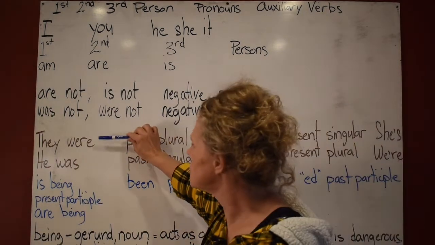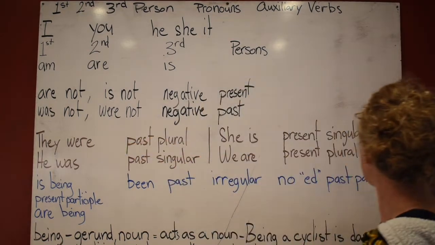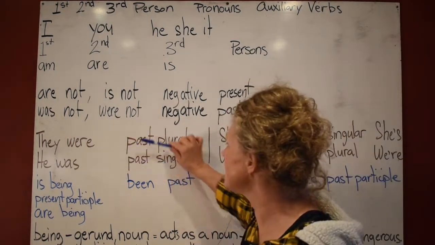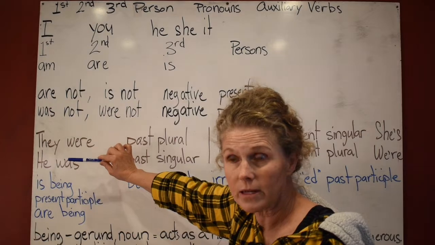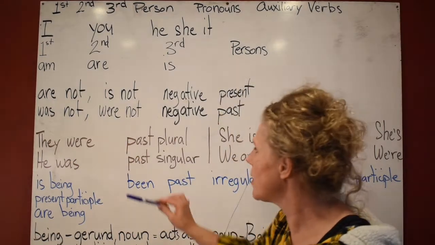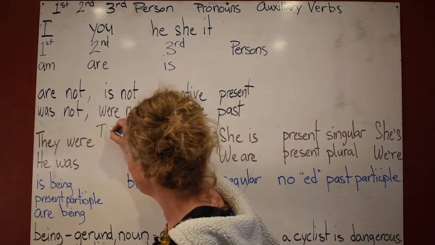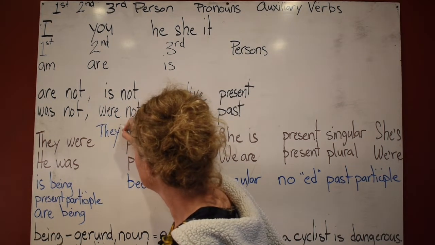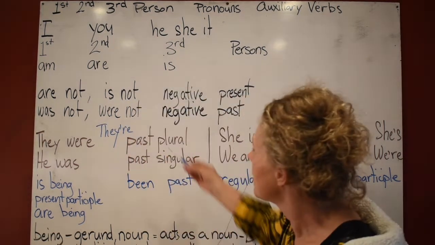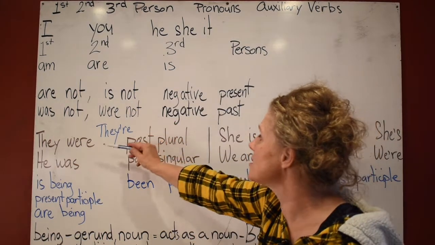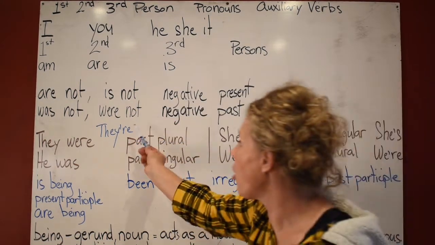We can't do a contraction when it's sitting in the past right here. Isn't that interesting? You can't put these together because what if we did they're? That's a different contraction. That's there. That means they are.